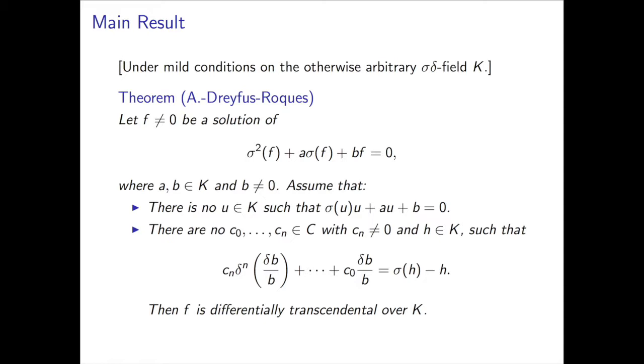It's called a telescoping problem, and it comes up a lot in all these souped-up Galois theories that have a few operators in them. It's a very common thing to run into. So if you can't find a U like this, and you can't find a telescoper like this, then that forces the solution to be differentially transcendental.